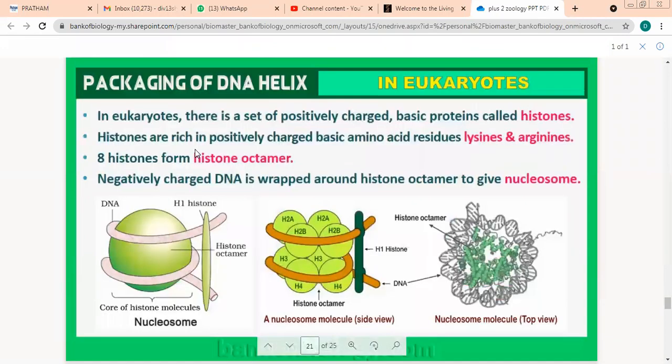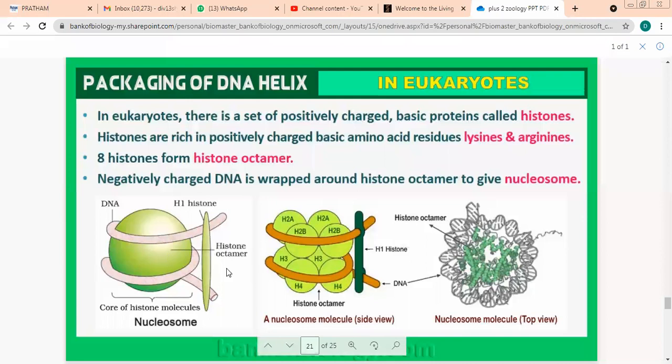Let's do this. Tell me, what is this big green circle? What proteins are these? Histone octamer. Yes, very good. It is histone octamer, which is made up of how many histones? You said octamer, 8. This is positive or negative? Positive.